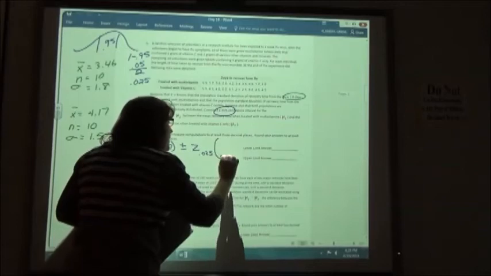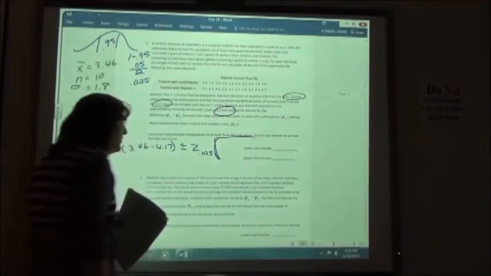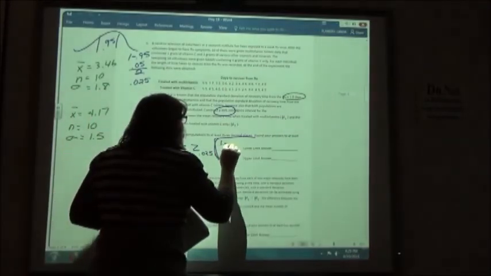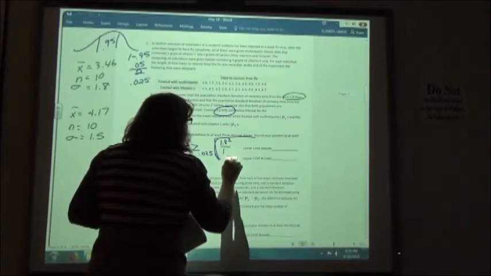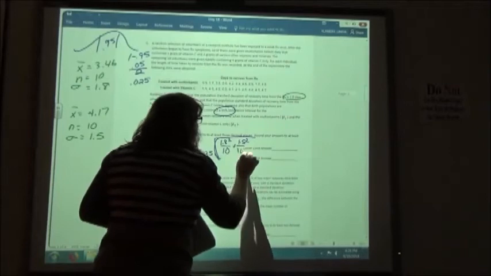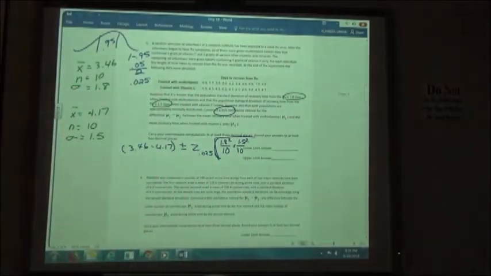0.025. Then we have square root of my standard deviation. So 1.8 squared over my n, which is 10, plus my other one was 1.5, so 1.5 squared over my n again, which is my 10. Now you need to practice putting that in there. Can you read my scribbling? Okay. So wait, where do I put the z sub, this is going to be the 0.025.